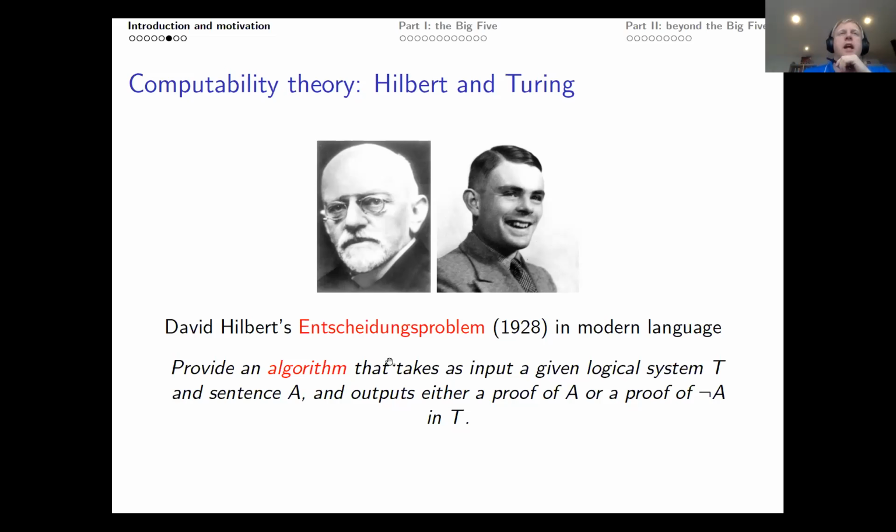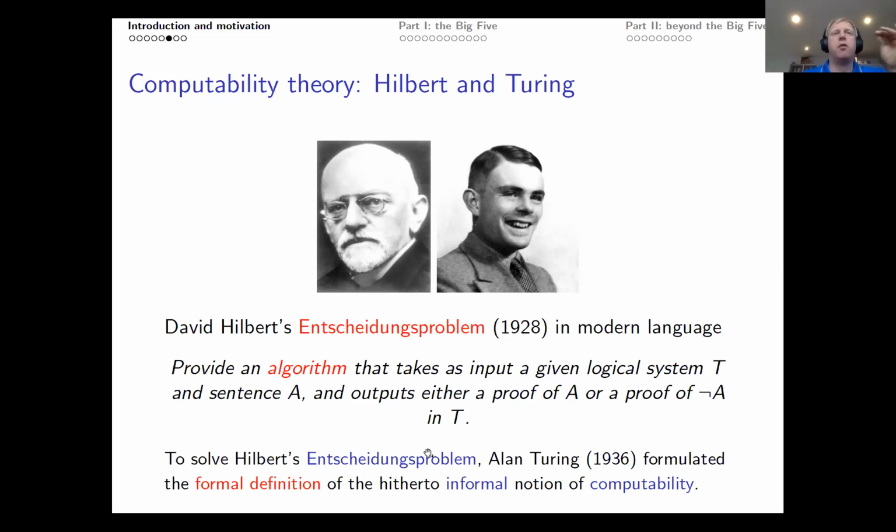And in modern language, he asked for an algorithm that takes as input a description of a logical system T and a sentence A, and it tells you whether A is provable or not. That's what Hilbert asked for. Of course, the word algorithm didn't exist yet because computers didn't exist yet. And so Turing formulated a formal definition of computability.